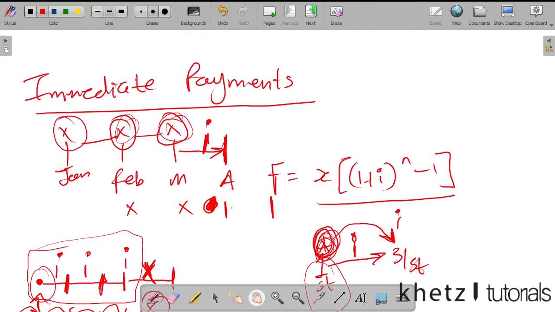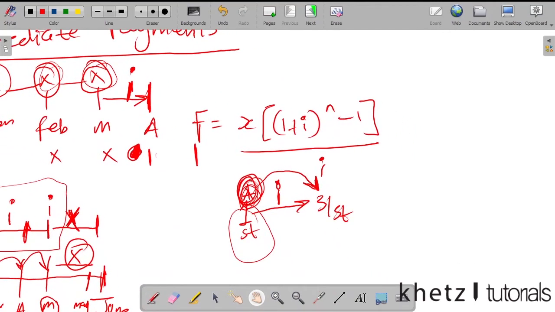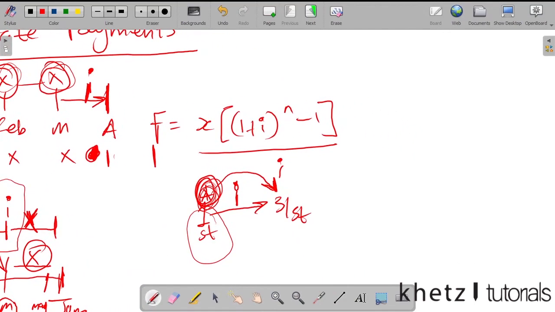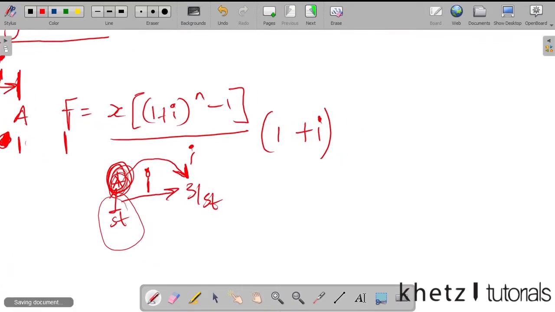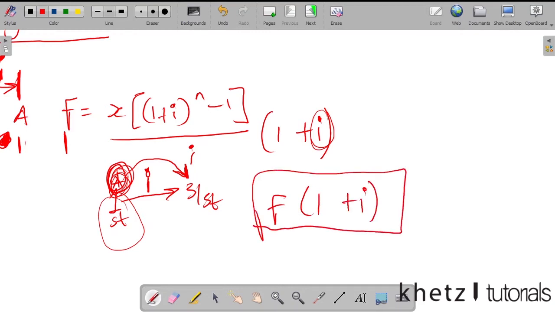So this is an immediate payment, or payment at the start of the period. Now, to compensate for this, you basically multiply this formula by another period. So you take into account the compounding, of course, when you write that i, and after getting the value F, you just multiply your F by another period to indicate one extra month where the amount actually earns interest.